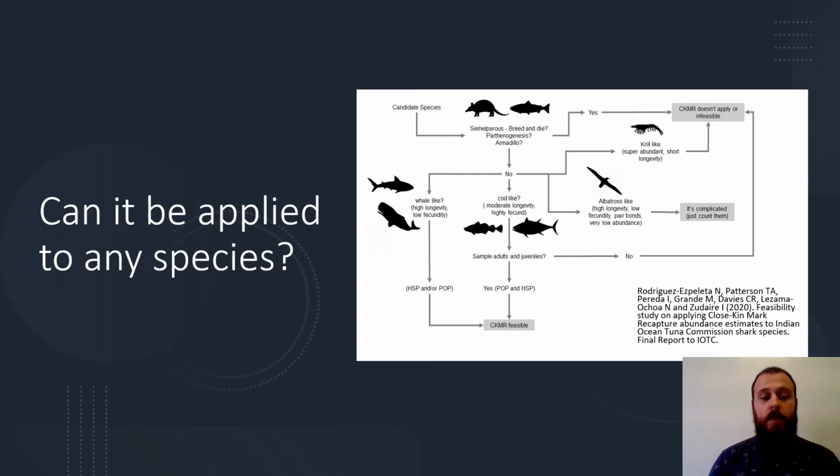Also, we need a species abundant enough so we can sample without big problems, but not so abundant that we would need a too big sample. And then also, depending on fecundity or adult availability, we can either work with both parent-offspring pairs and half-sibling pairs, or just with the latter.